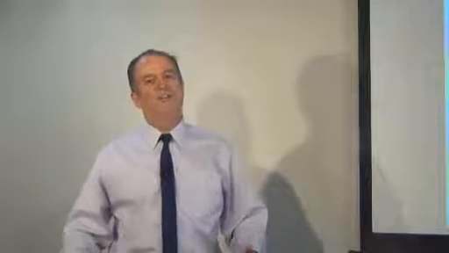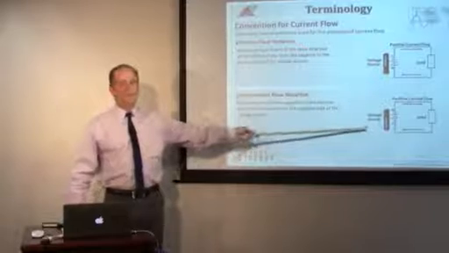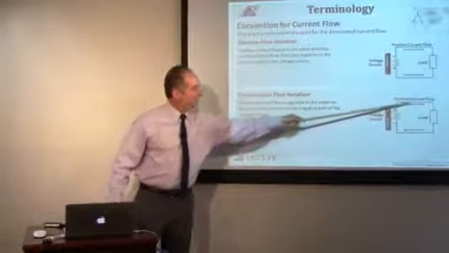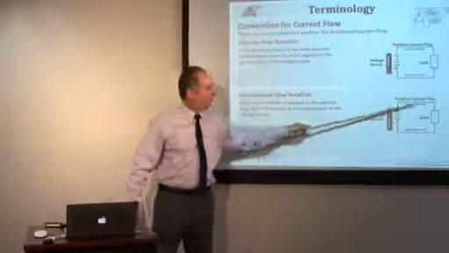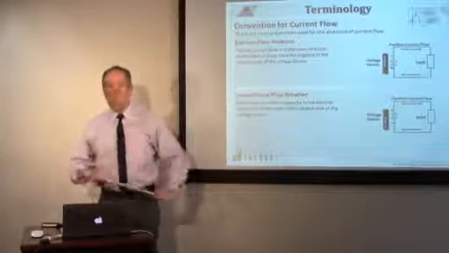Then we have what's called conventional flow. Okay, now it's sometimes called hole flow. And in this case, we think of the positive as being the source of current, and the current goes through the load and comes into the negative. A lot of times we think of positive current flow as conventional current flow, but in reality, physically, we think of the electrons flowing.